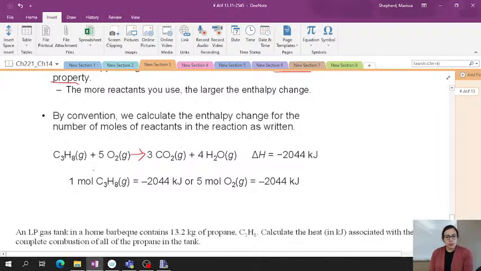So we could either say 1 mole of propane for our reaction has a delta H of negative 2,044 kilojoules per mole, or 5 moles of O2 is equal to that. Of course, you could divide by 5 to figure out the difference for 1 mole.